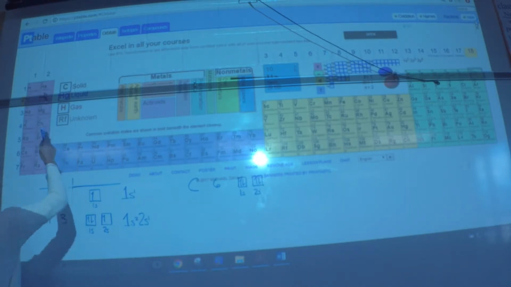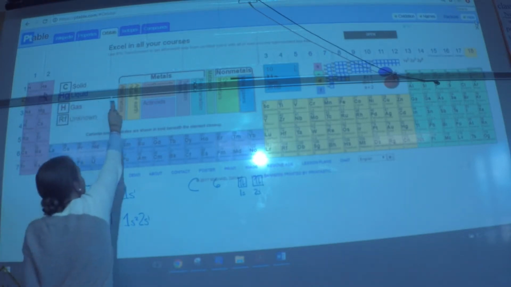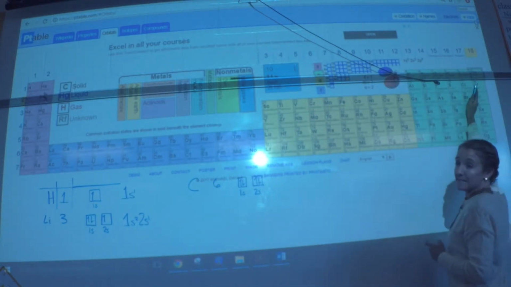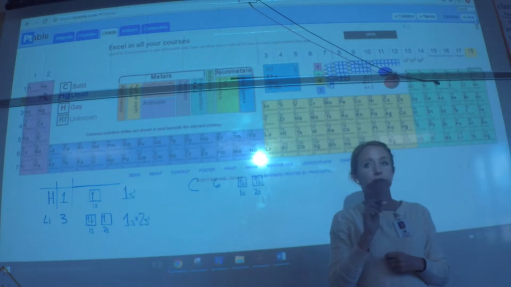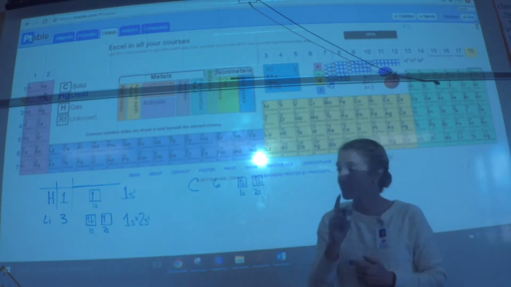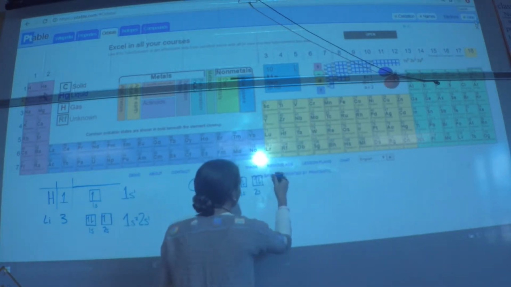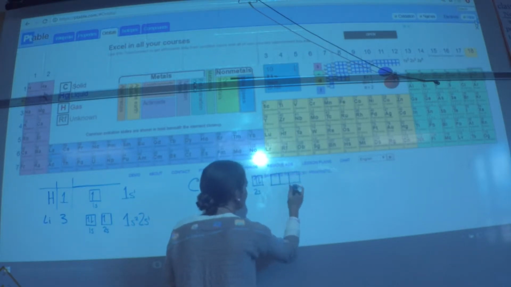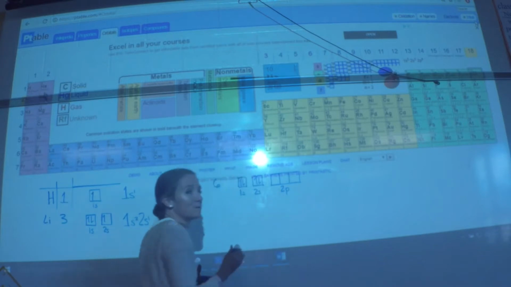Good. Read left to right, right? So here was 2s. Now, that's the 2p. Now, how many bunk beds are in a p room? 3. So you need to draw 3 boxes, all connected, because that's how big the 2p room is.